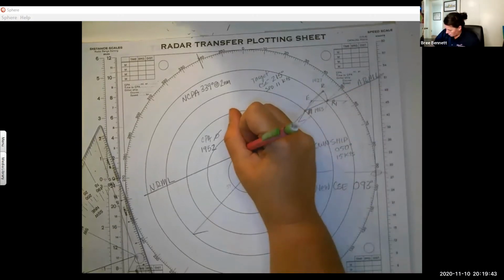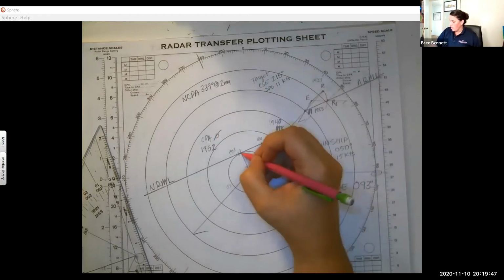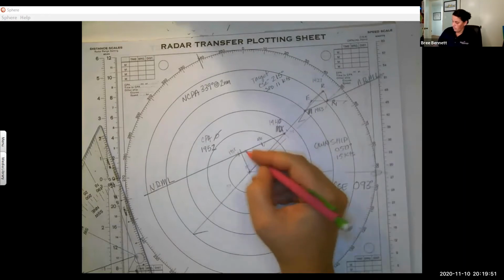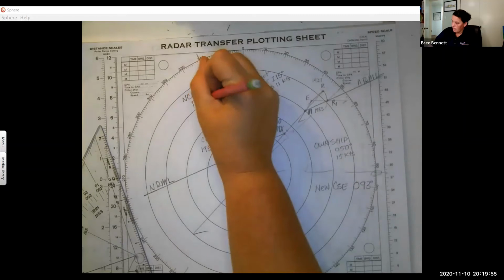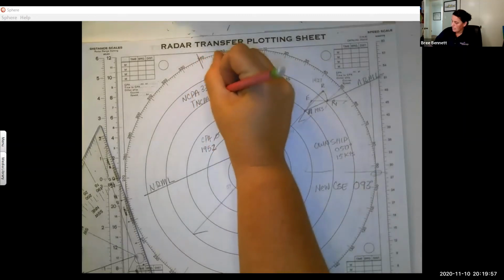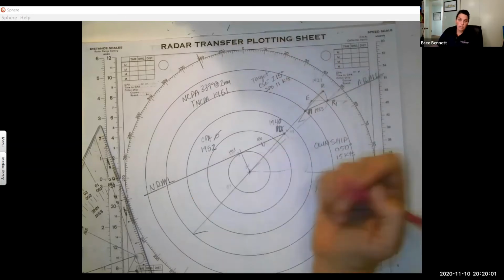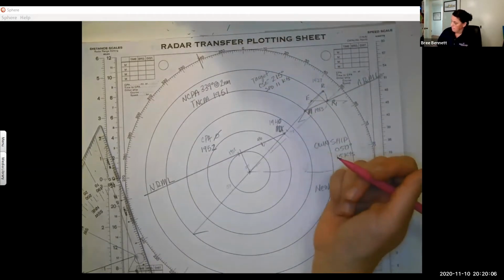So here is 1952. So in this case, I would say it's just before 1952. So I would say our time of new CPA was 1951. So not too different from our original, but yeah.